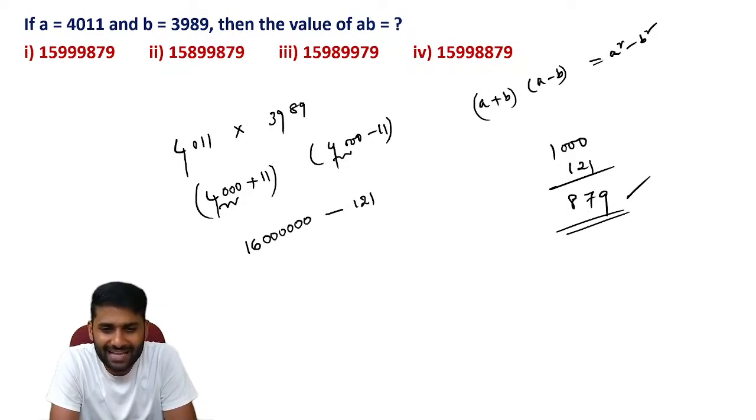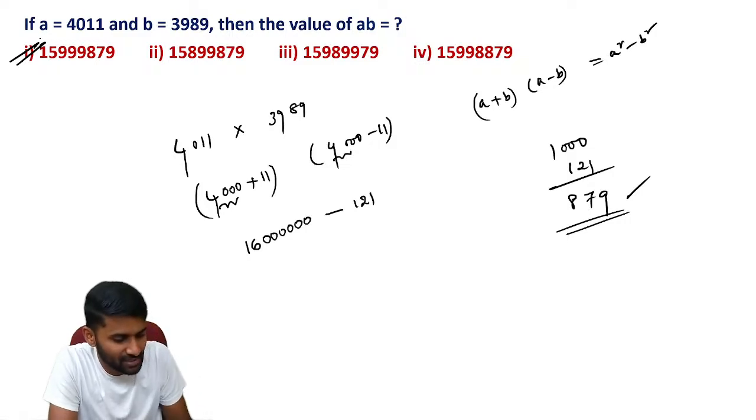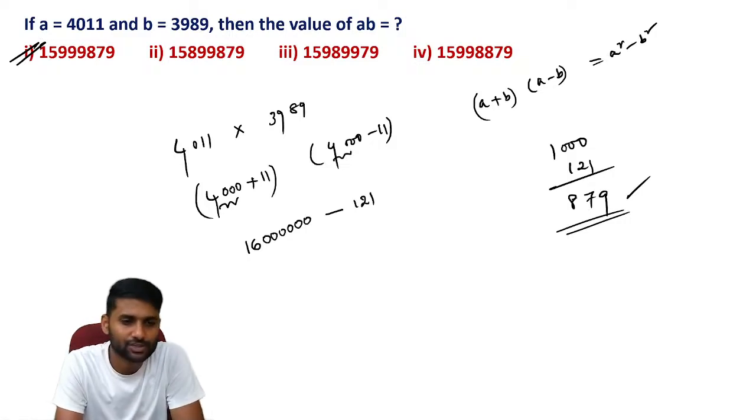So 16 lakhs minus 121 should be 15,99,879. So that is the last three digits you have to see. If you go through the options, this is the option: 15,99,879. So option 1 is the correct answer. Here we are using the property (A plus B) into (A minus B).